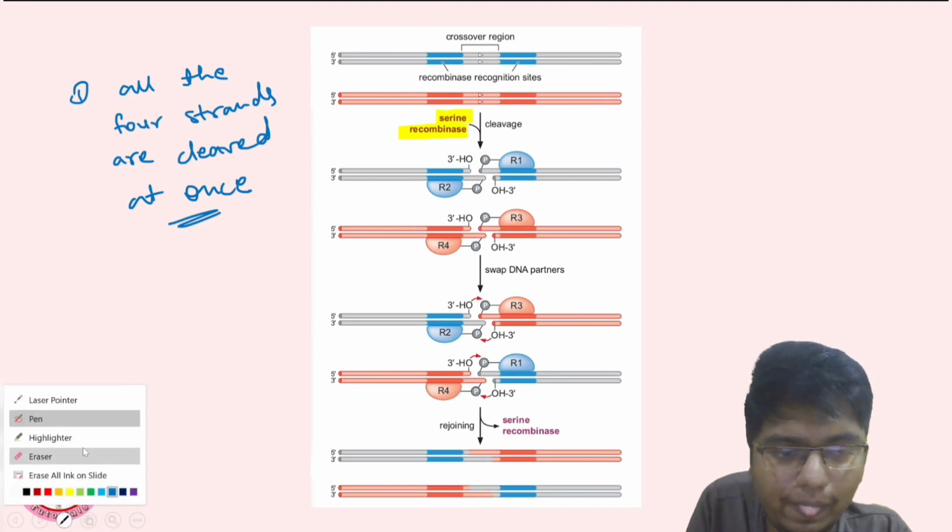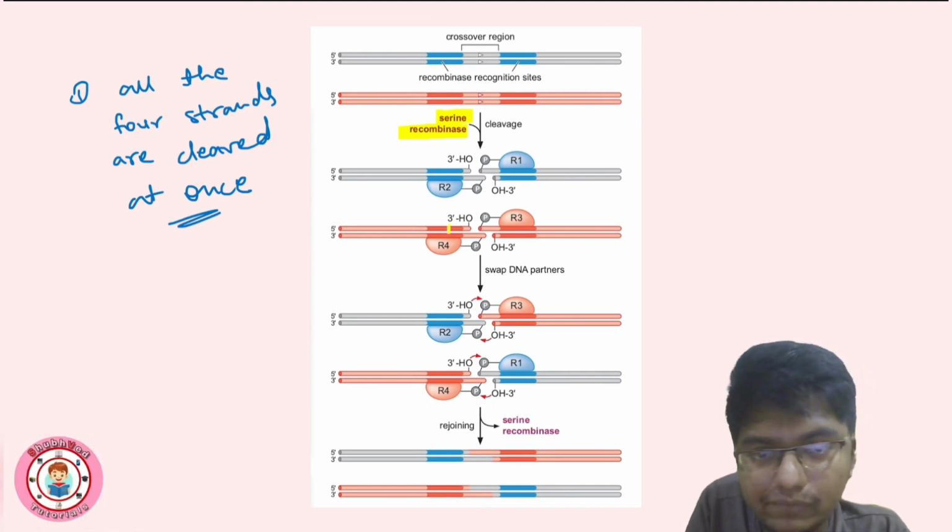See how. Here is the first pair of DNA, this is the second. Here comes enzyme 1, R1, R2. Here R3, R4 on the red one, R1, R2 on the blue one.